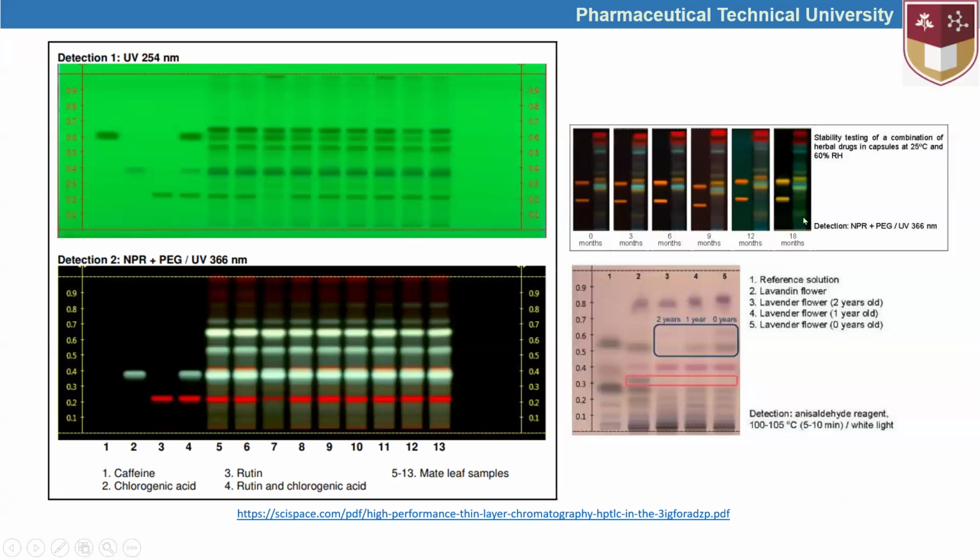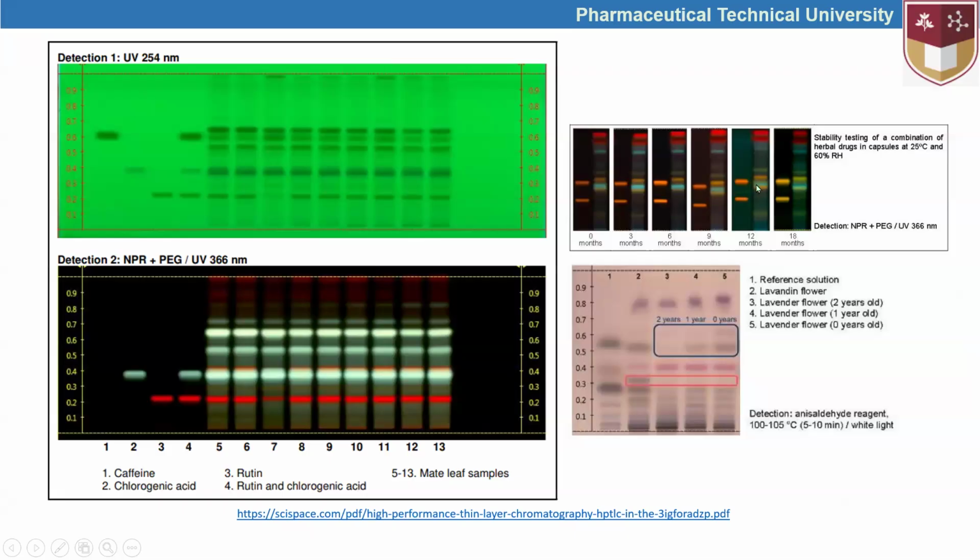Okay, this may not be very comparable based on the intensity of the color, but this one carried out after 12 months shows some similarity here.